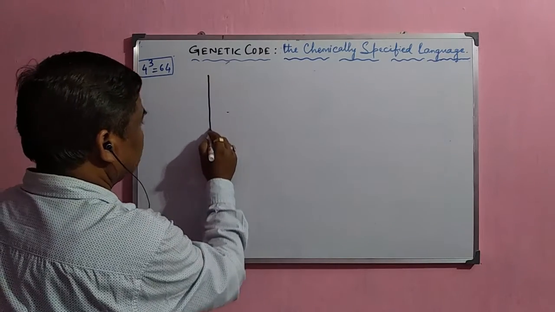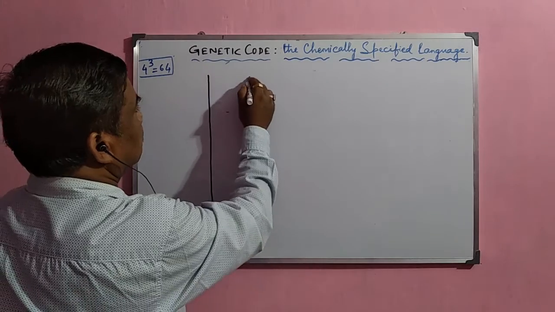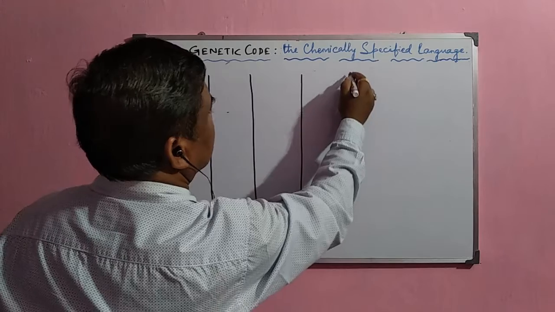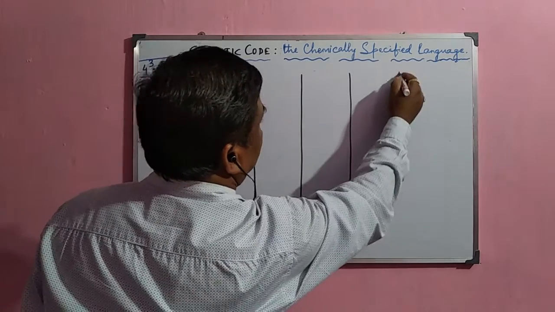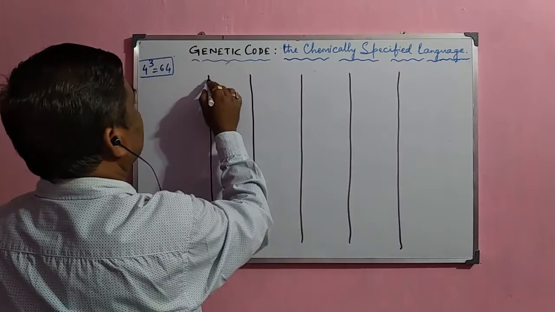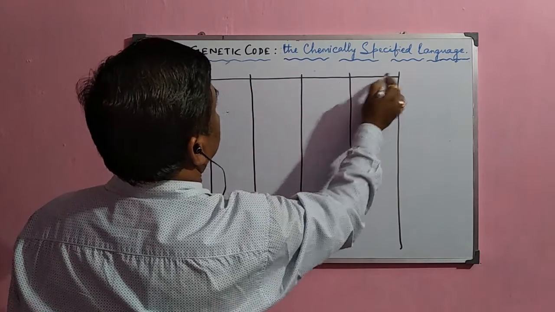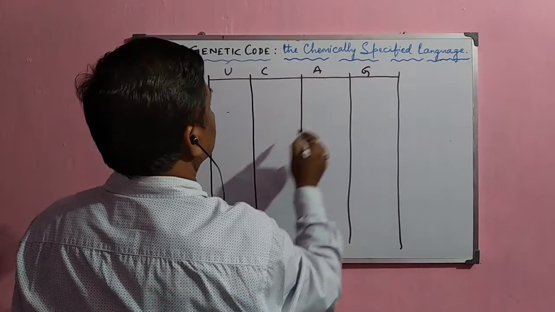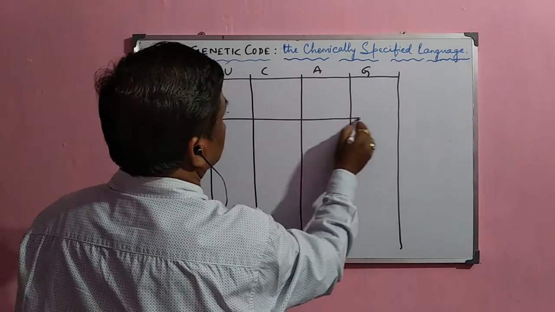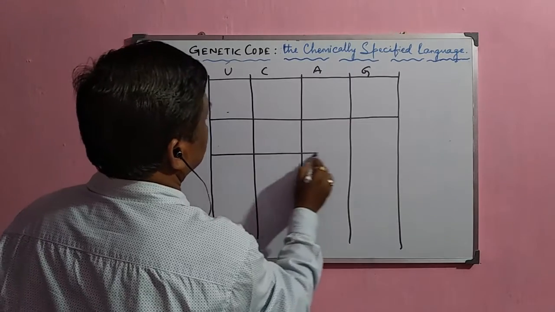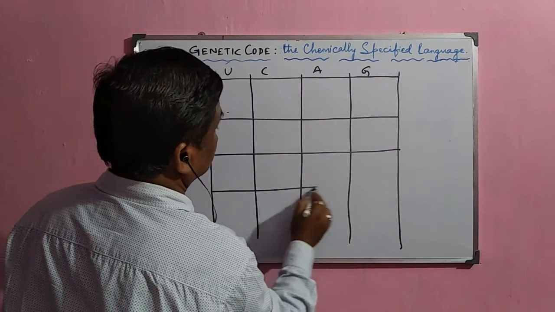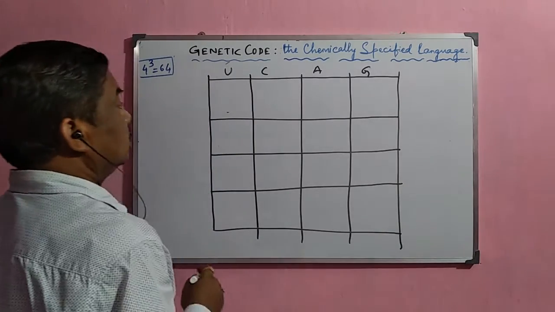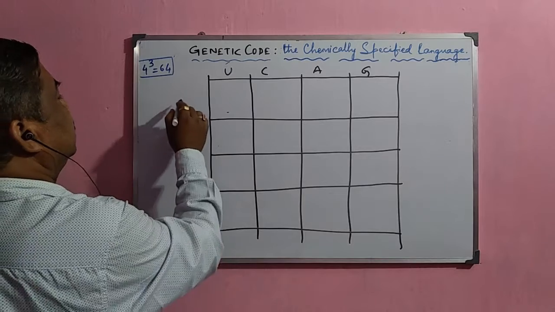Suppose these are 1, 2, 3, and 4, and the 4 nitrogenous bases will be U, C, A, and G. Now here 1, 2, 3, and 4, so these are the different nitrogenous bases.